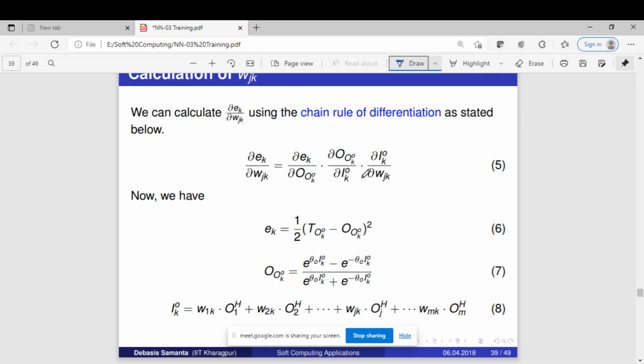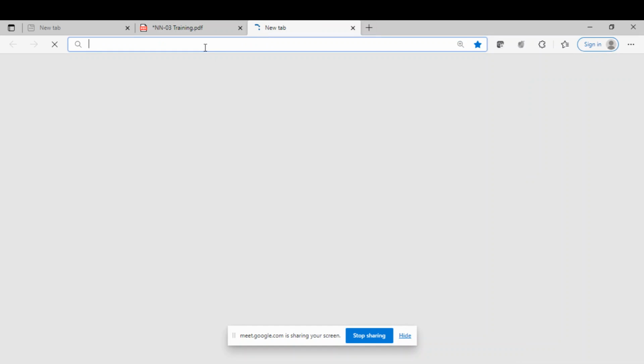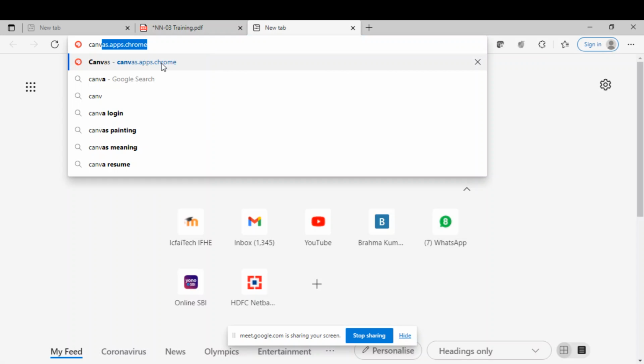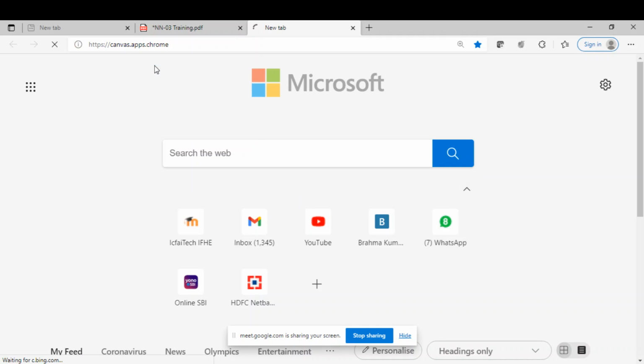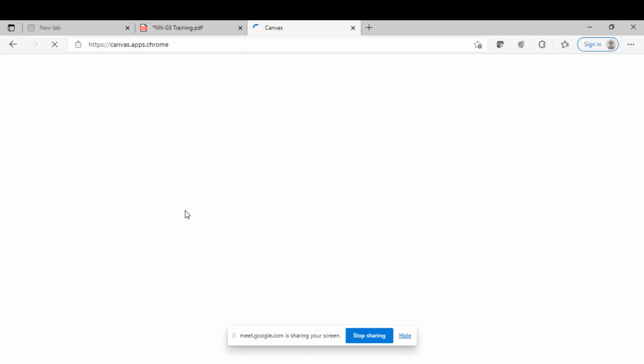It will be something like this. How we got this, I think you are remembering, so I will not be going into the detail. That is what we discussed in the last class fully.